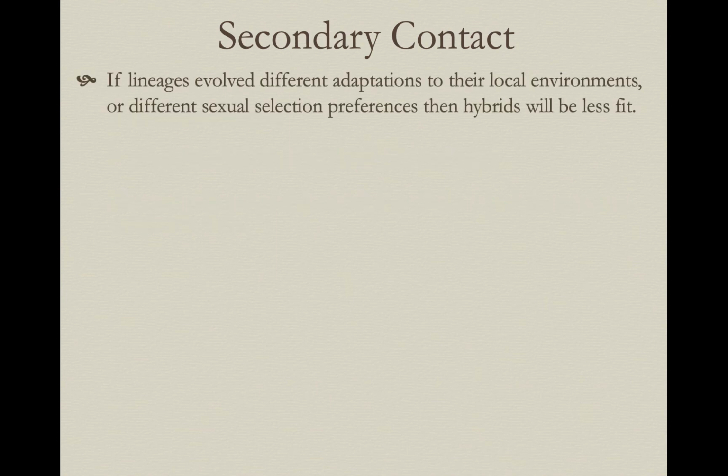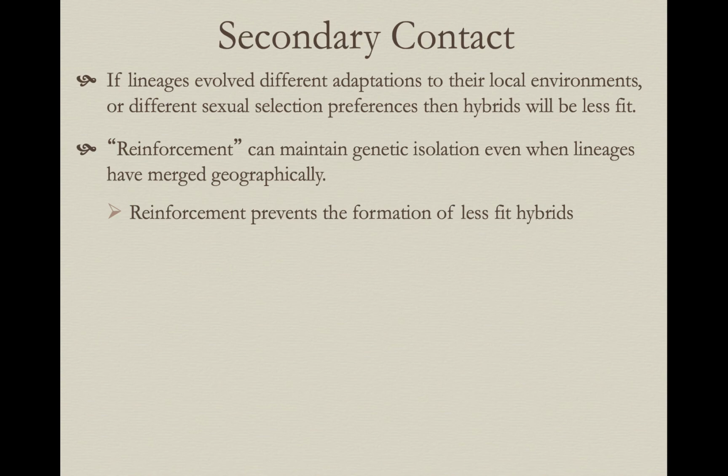And some of the mechanisms that we talked about during the genetic isolation, like having different natural selection and sexual selection patterns, may make it where the hybrids just aren't going to be very good. They're going to have less fitness, even if they are not sterile. If that's the case, we should see the evolution of what we call reinforcement.